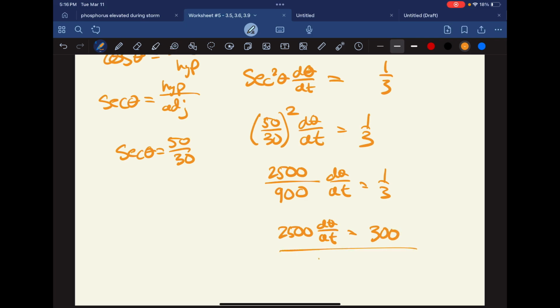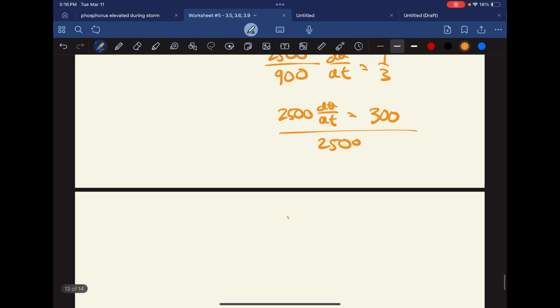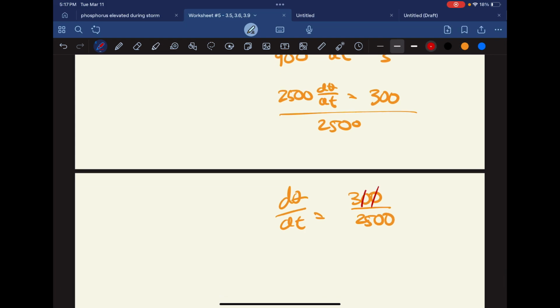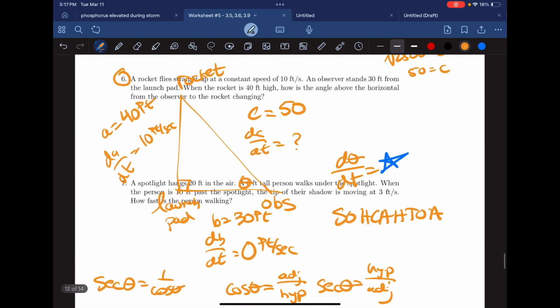And then divide both sides by 2500, and you get d theta/dt equals 300 divided by 2500. Let's just cross out all the zeros. So d theta/dt equals 3 over 25, which cannot be simplified, and make sure you include the units.